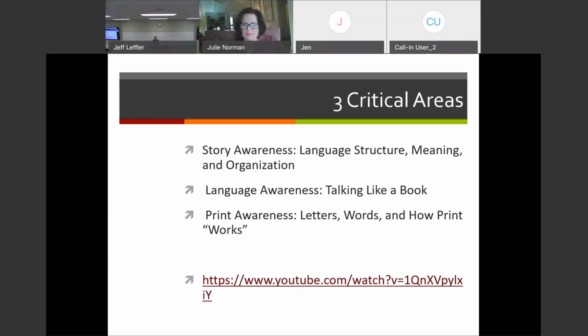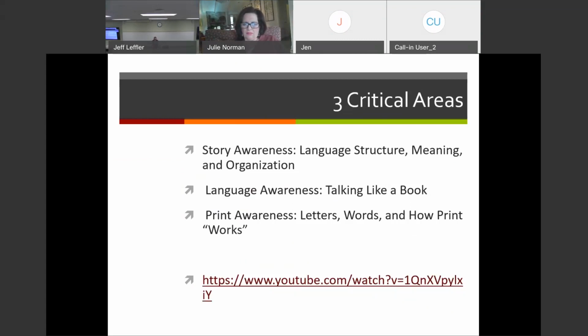So when we're reading to children and they're engaging in this play reading, there's three critical areas that we're working on. Story awareness, that's the language structure, the meaning of the words that are being said, how those words are organized to form thoughts.